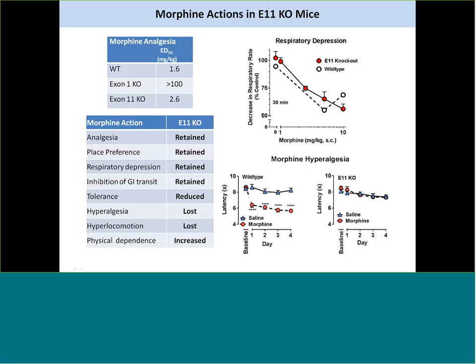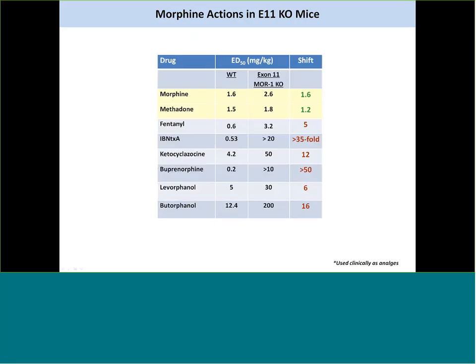If you do the exact same experiment in the exon 11 knockout, what you see is the loss of this hyperalgesia. A summary is provided in the table on the left, indicating that most of morphine actions that we associate with the drug are mediated through the traditional 7-TM receptors. However, there's a suggestion that tolerance, hyperalgesia, hyperlocomotion are at least partially mediated through exon 11 receptors.